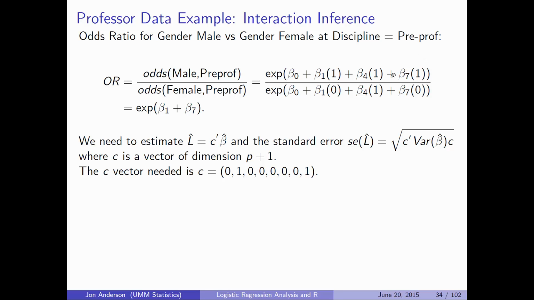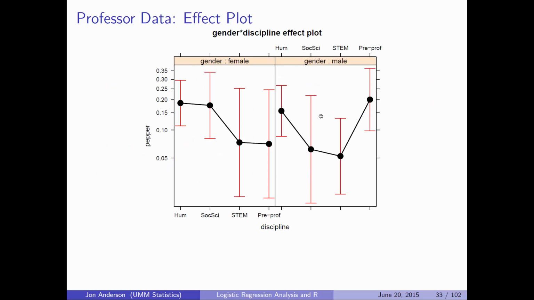Then we go on through the other betas, the interaction pieces, the products between indicators and gender, and for any of the disciplines other than pre-professional, those take on a value of 0. The 1 for male times a 0 for the other disciplines, until we get to pre-professional, and then it will be an indicator of 1 for male times an indicator of 1 for pre-professional, and that will be beta 7 multiplying that 1.